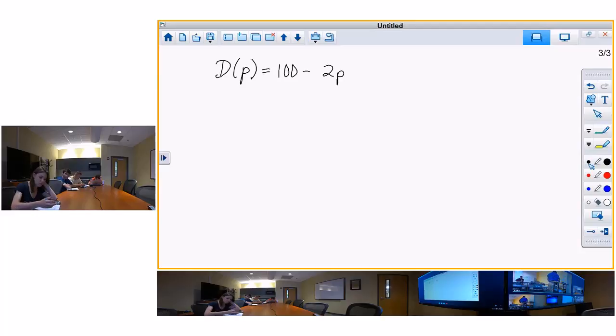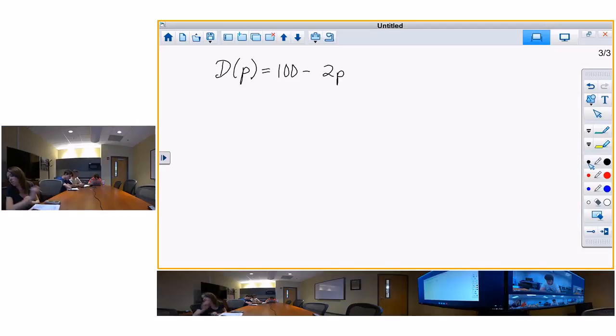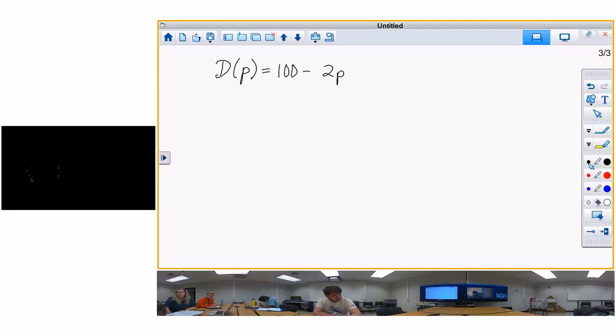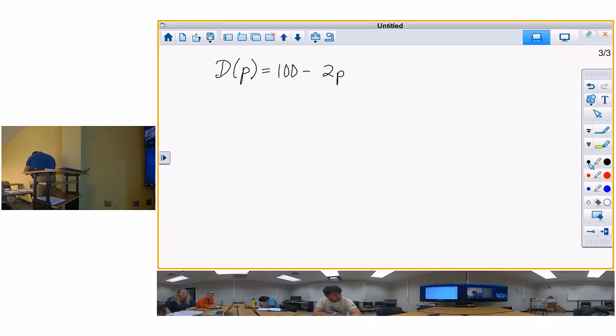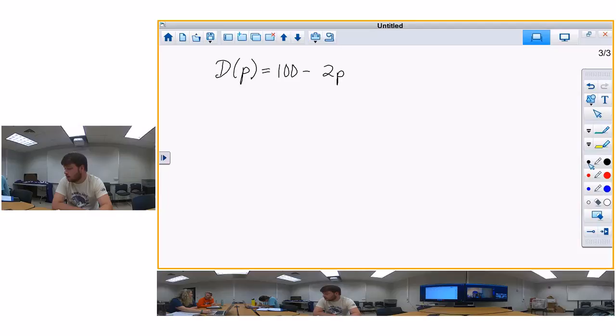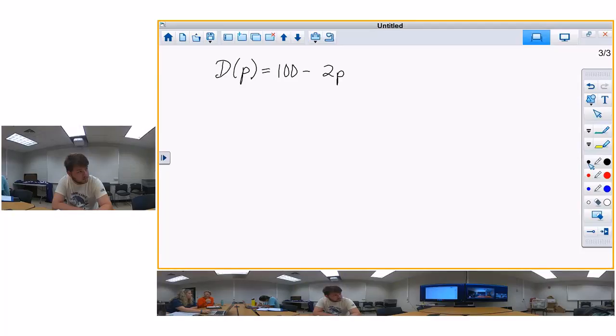But they gave us a boundary on that one. They're not giving us the quantity demanded, though. That's what I'm looking for.